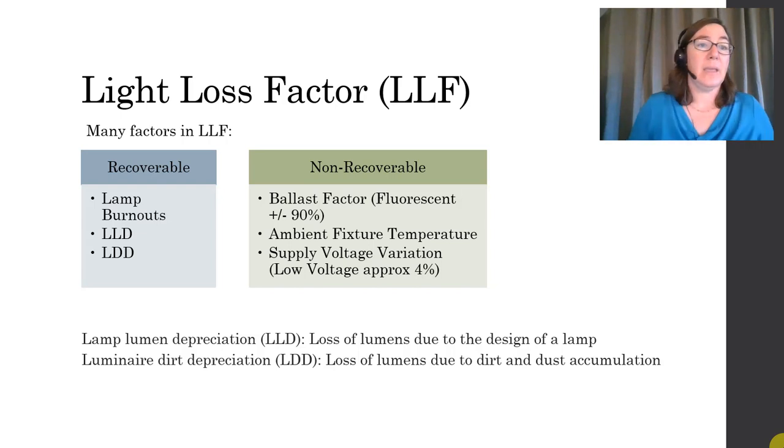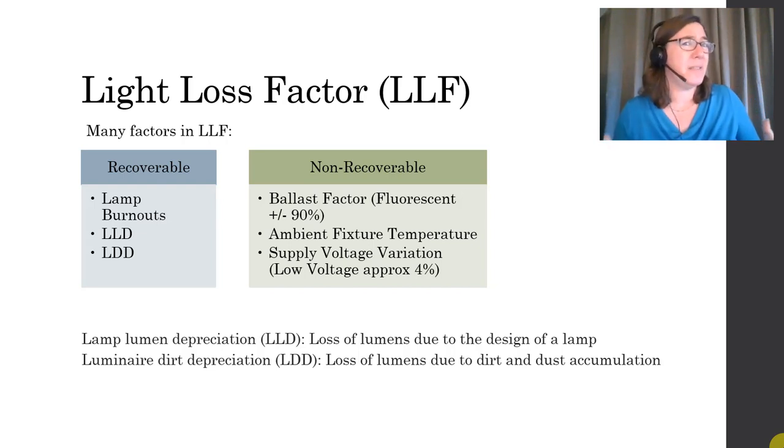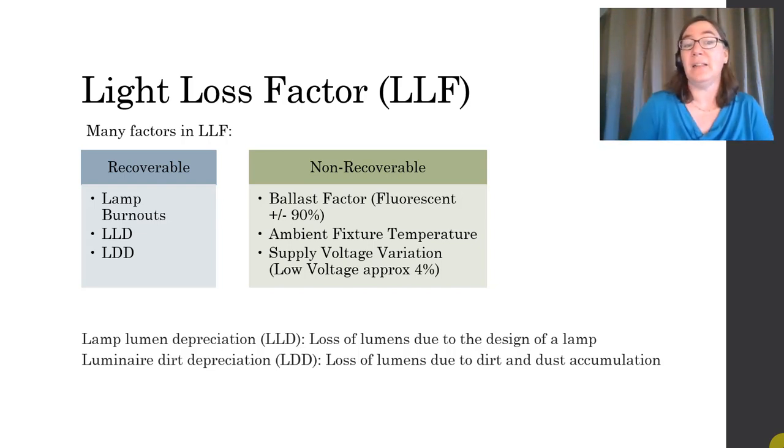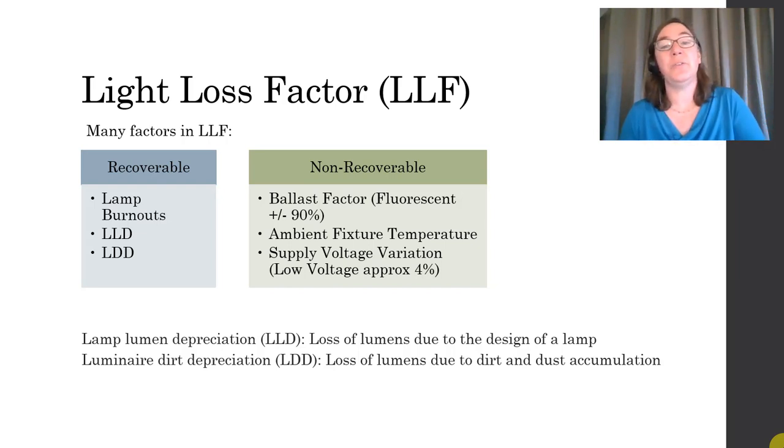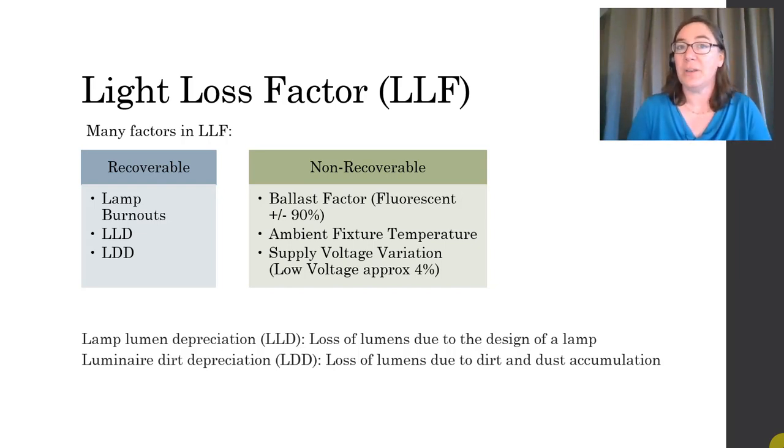The two that are the biggest and affect this the most are called LLD, or lamp lumen depreciation, the loss of lumens simply due to the design of a lamp, and LDD, luminaire dirt depreciation, the loss of lumens due to dirt and dust accumulation, that we can fix simply by cleaning the lamp.